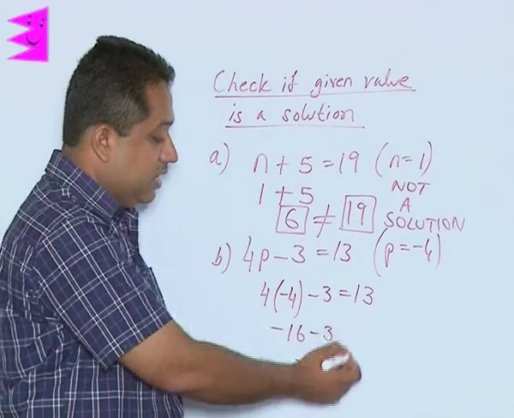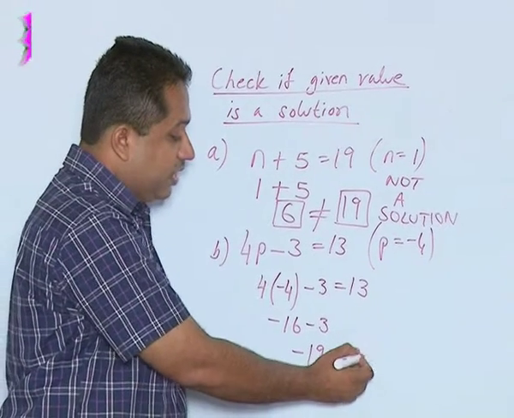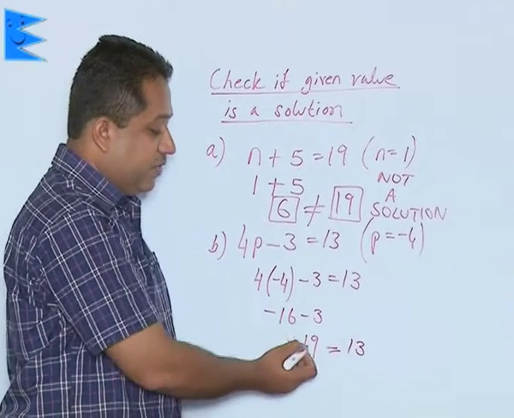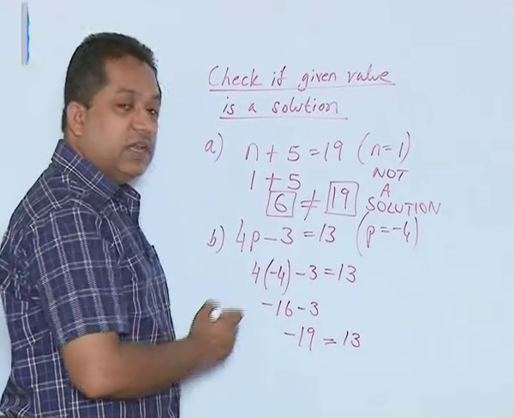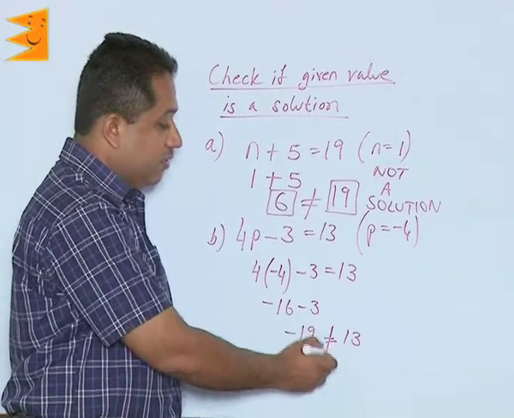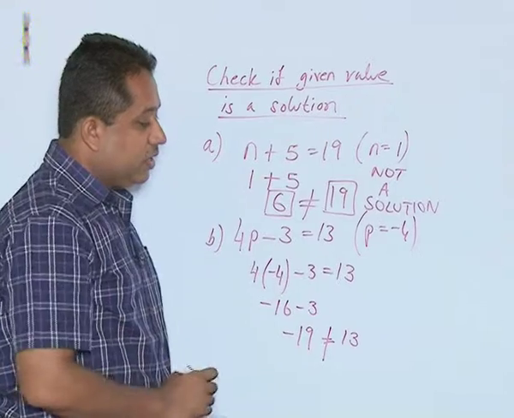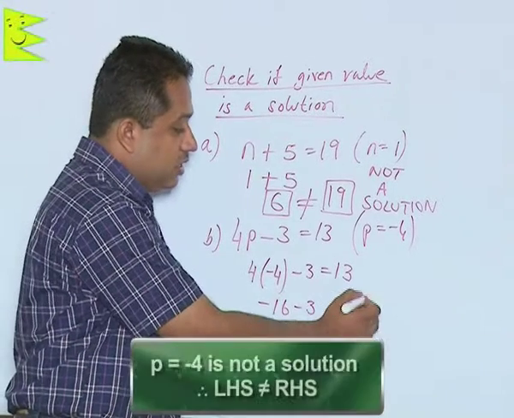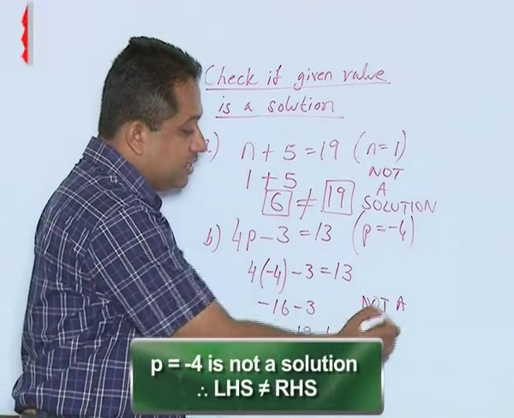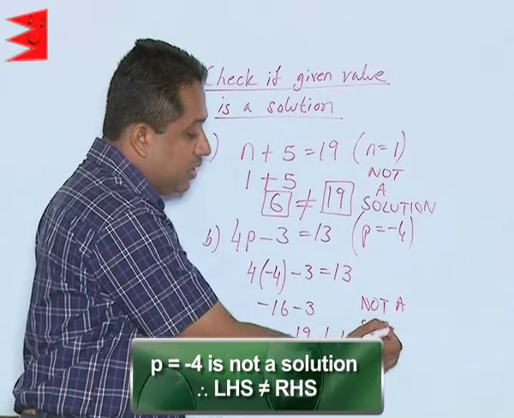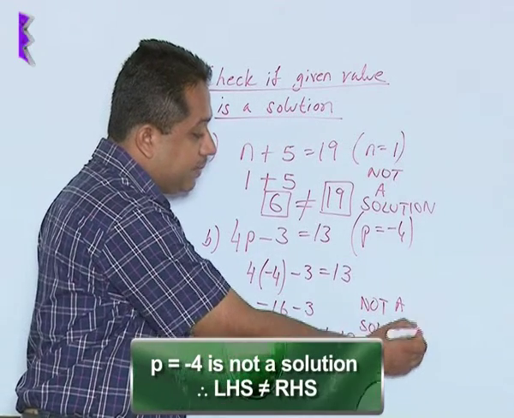So, minus 19, and on the RHS you are finding it equal to 13. Now, obviously minus 19 and 13 are not equal. If they are not equal, then we can say p is minus 4 is again not a solution. So, both the cases that we saw here at the moment are not solutions.